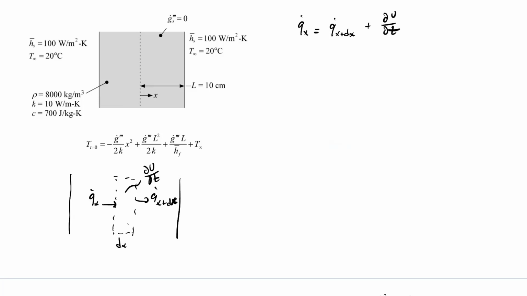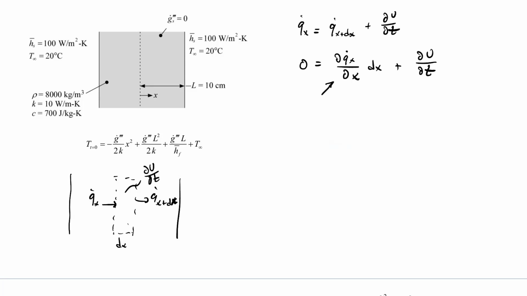Expand this out. I'll just go through this quickly because we've done this a million times now. Expand it out and you end up with 0 is equal to the partial of Q at X with respect to X times dx plus the partial of u with respect to time. So now we need rate equations.